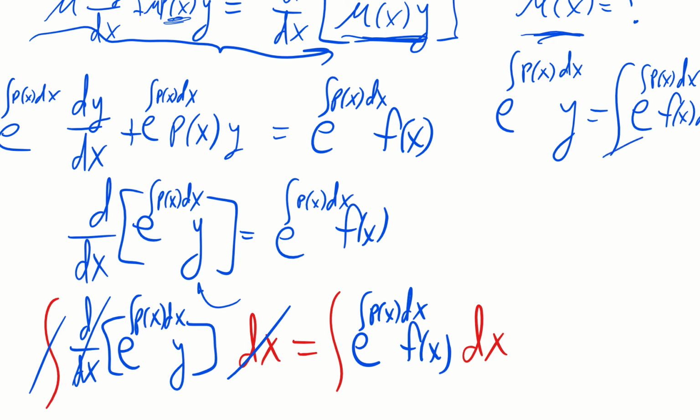So this will be some explicit function that more often than not we'll be able to work out old school style and find a classical antiderivative for. And then all you need to do is divide both sides by this factor in front of the y to get the solution. Okay.